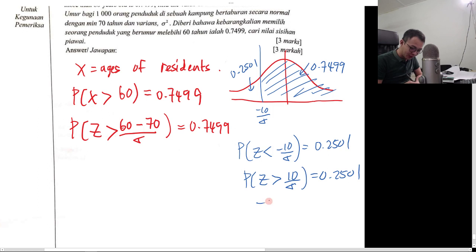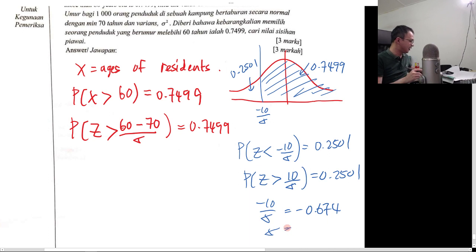So I know this should equal negative 0.674. Then I can find my standard deviation easily by using 10 divided by this number. So the standard deviation should be 14.84.